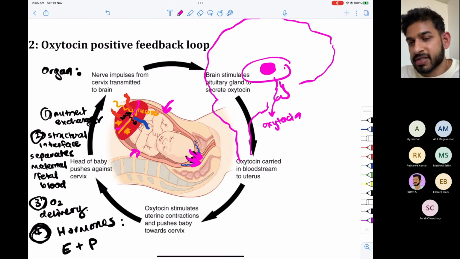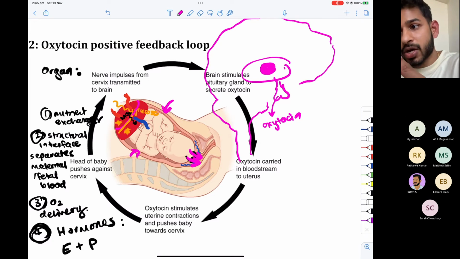Now, I just want to preface this, everyone. What you just see here, which is a positive feedback loop, is exceptionally rare in the human body and in nature. The body usually, 99.9% of the time, works through negative feedback, in which when a stimulus is exerted, our body will do everything it can to oppose or stop that stimulus.